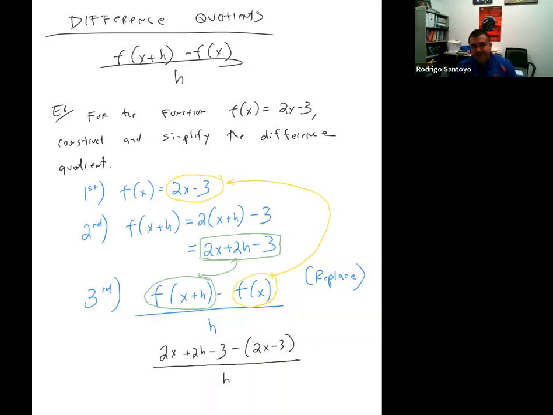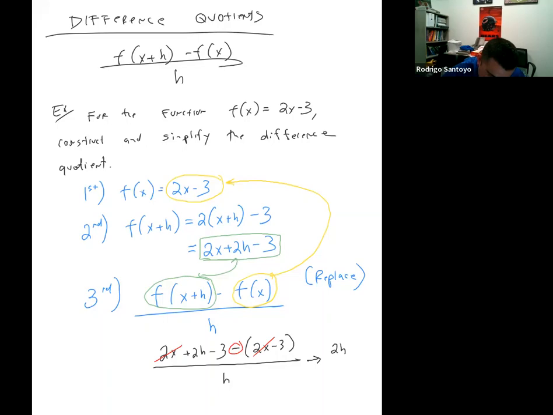And now from there, we just simplify this. What does that give us? Well, I got 2x minus 2x. That's gone. I have 2h only, so I write that down.